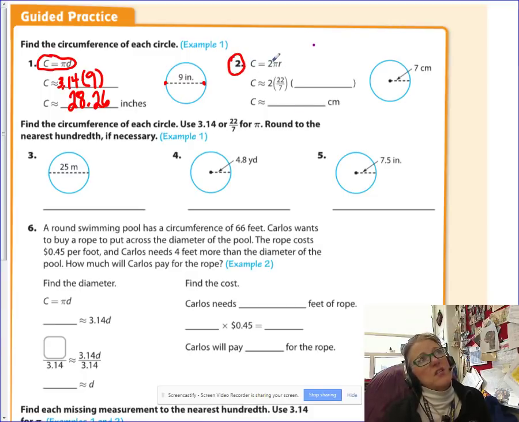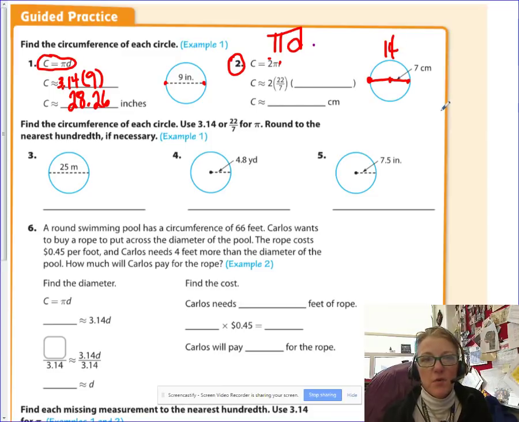Oh, now you see this time they're saying, hey, you can also think of it as 2 times pi times r, or in other words, 2 radii, that's a diameter. Personally, I just like to think pi times diameter. And if they're giving me the radius of 7, I'm just going to say, hey, the diameter would be double that, 14.